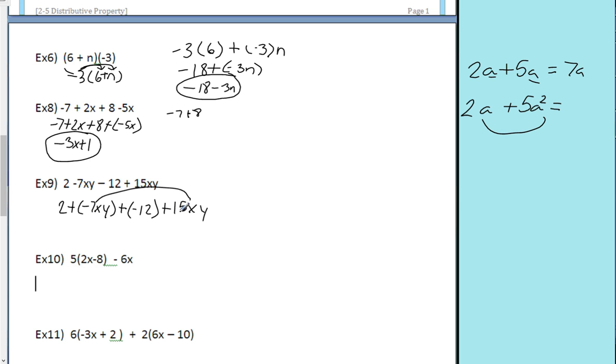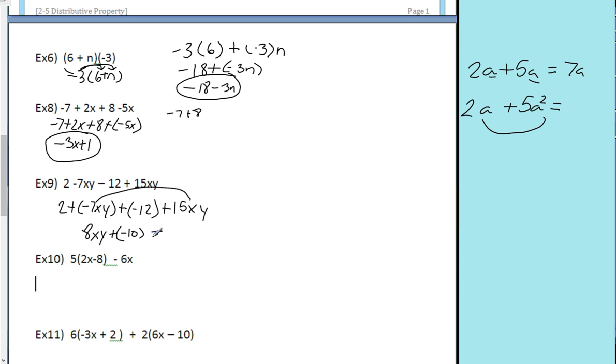What's negative 7 plus positive 15? Well, that's rule number 2. That means we subtract. 15 minus 7 is 8. 8 what? Fruit minus fruit make fruit, right? So 8xy. Then we have a positive 2 plus a negative 12. That's another rule 2. That means we subtract them. Positive 2 plus a negative 12 makes a negative 10. So we're going to add to that a negative 10.